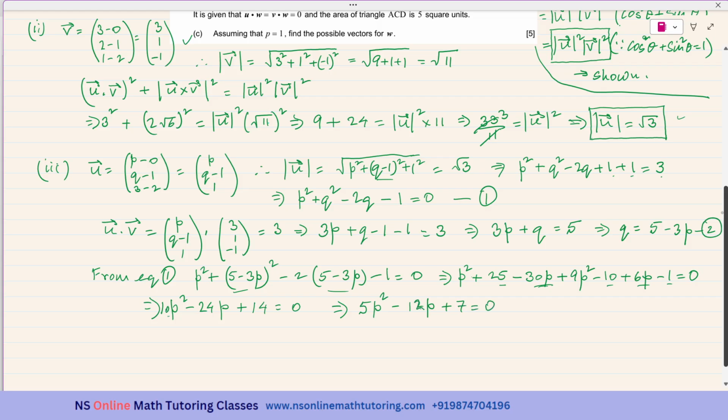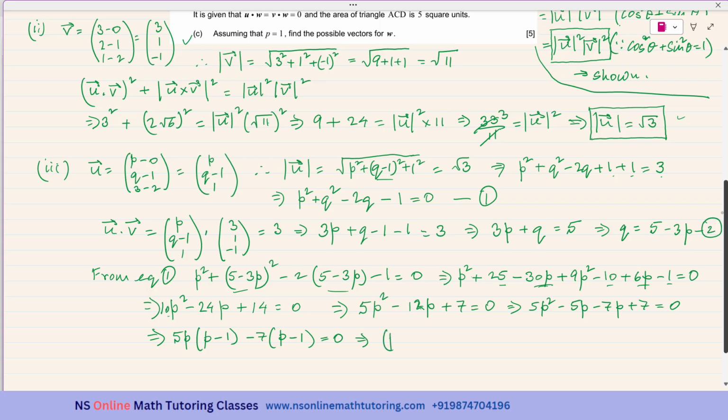And then I will be using the middle term splitting method. 5 and 7 add up to give us 12. So it is 5p square minus 5p minus 7p plus 7 is equal to 0. 5p times (p minus 1) minus 7 times (p minus 1) is equal to 0.